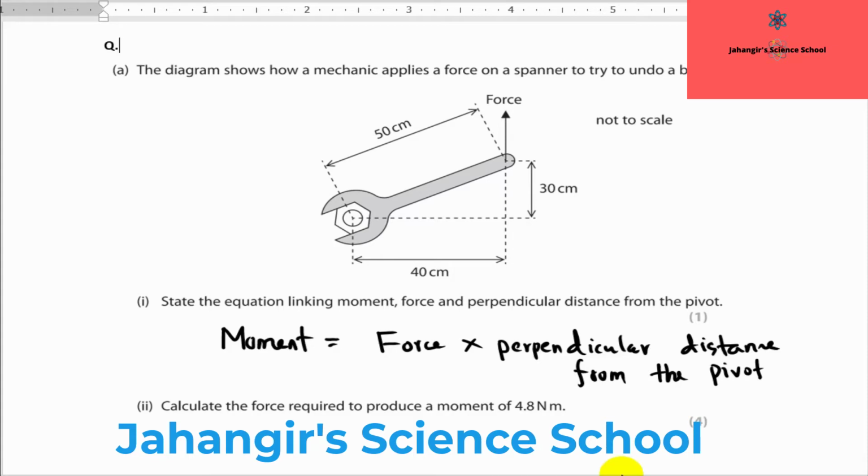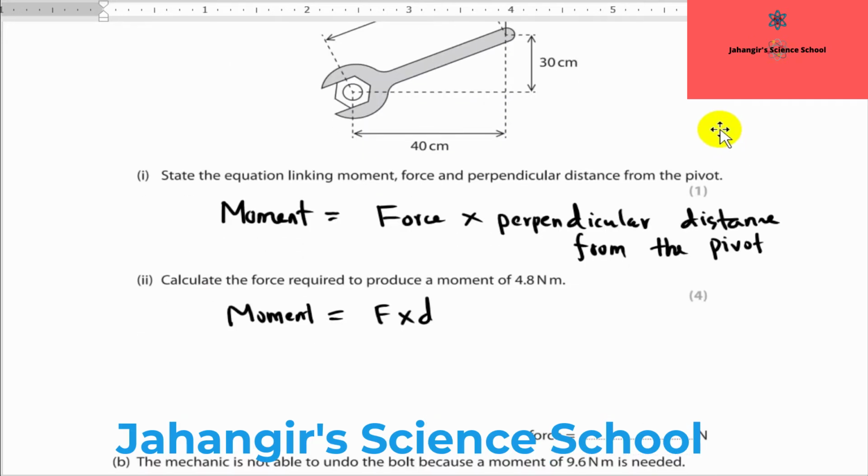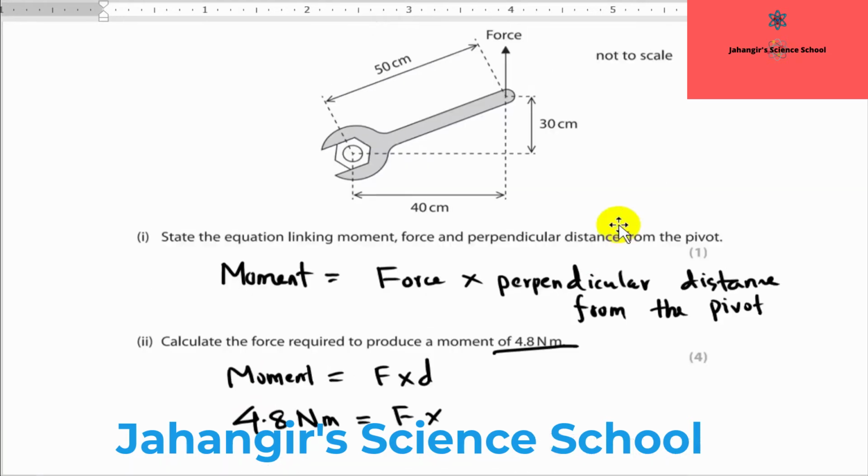Calculate the force required to produce the moment. Here moment equals force into perpendicular distance. We have to find out the force. Here moment equals 4.8 Newton meter. But the problem is, what is the perpendicular distance?